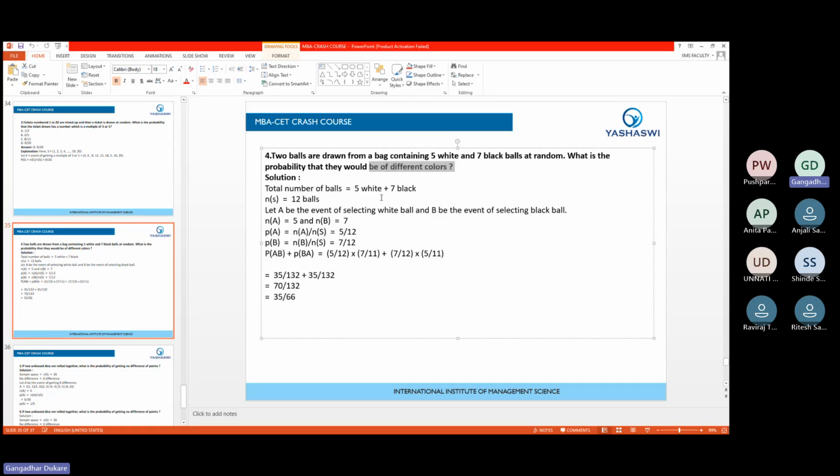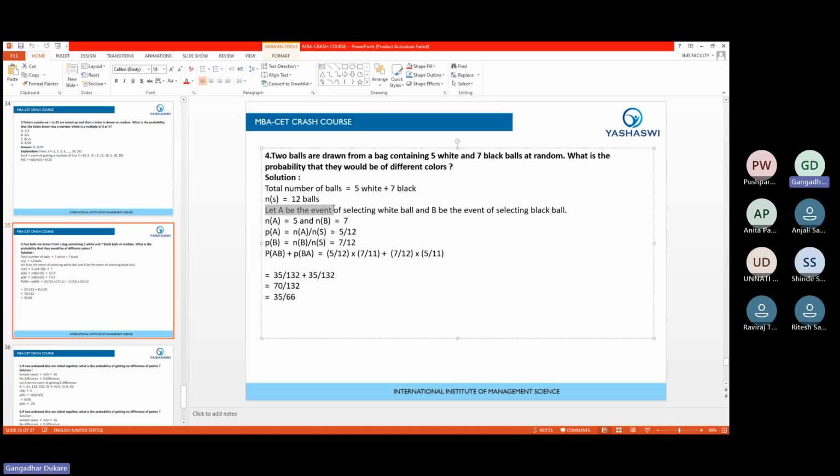In that case, our sample is the total number of balls, 5 plus 7, where 5 are white and 7 are black. So our sample size, the number of samples, equals the total number of balls, that is 12. Now we come to the event they have given: what is the probability that they will be of different colors?